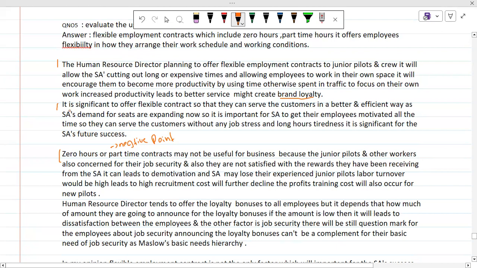And in the evaluation point, from here my evaluation starts. We will discuss in today's class how many statements you can write in the evaluation paragraph. Evaluation is significant. Do you know how to write the evaluation in a 12-mark or 20-mark question?